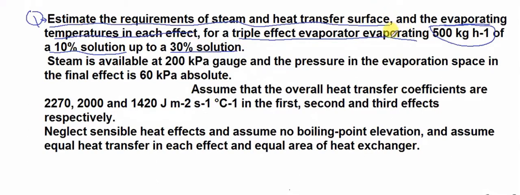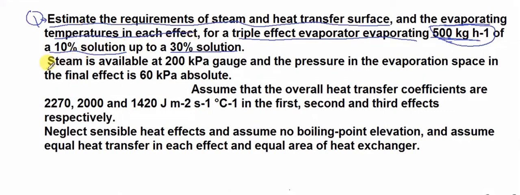So input to this triple effect evaporator is 5000 kg per hour of weak liquor that contains 10% solute, and that concentration is increased up to 30% solution.